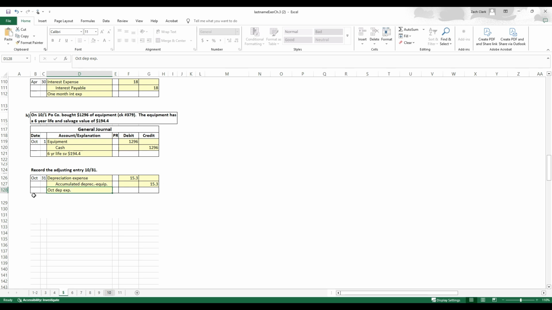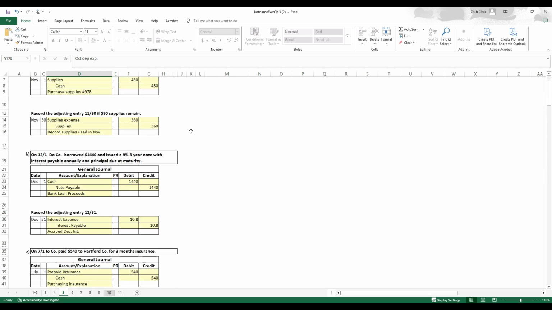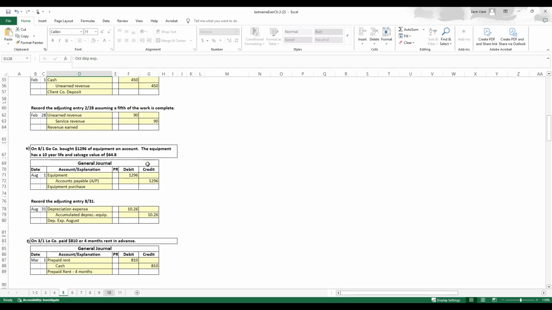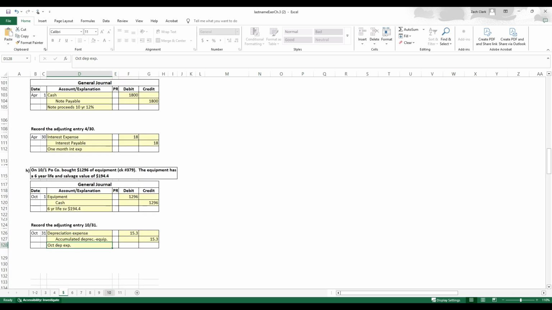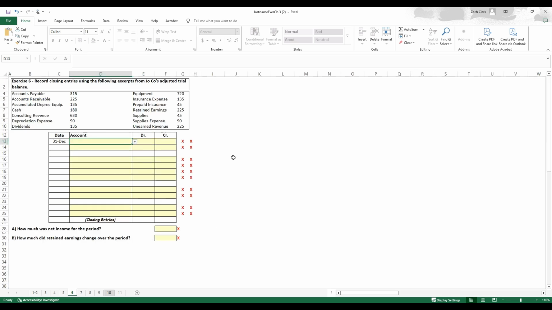Perfect. Okay, this is great. I really want you to spend some time on this. Try to soak this in. This is important for doing your adjusting entries and understanding how these all work. So, really, I like this problem a lot. Okay, on to number 6.